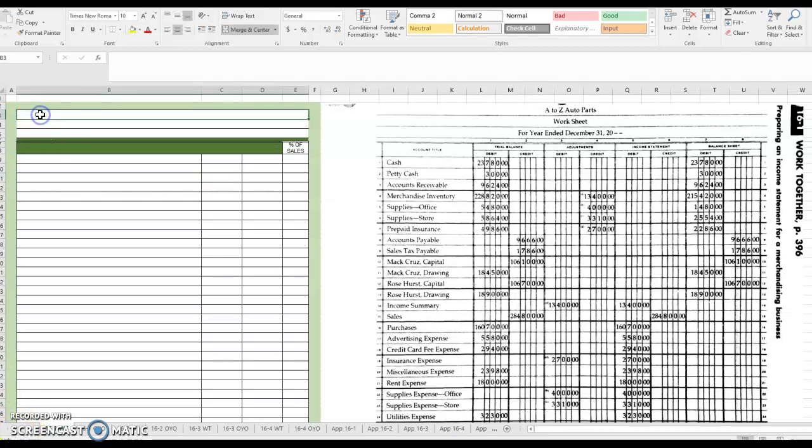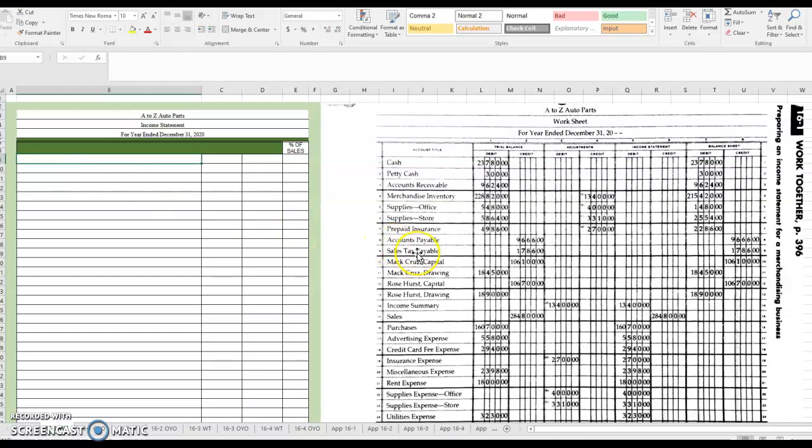We're going to start by putting the name of the business on the first line, and it's A to Z Auto Parts. I'm going to pause the recording while I type that. So you'll notice that the fiscal period is for the year ended December 31st.